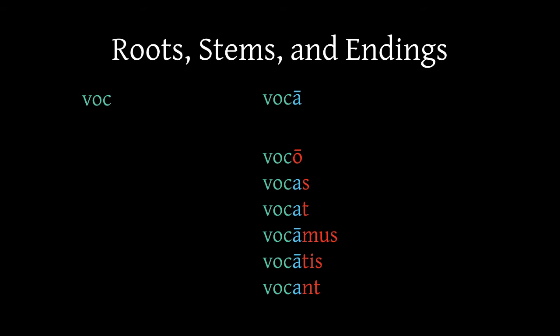So, as you can see, the root is in this greenish color. The stem is in the blue color, and then the ending is in the red color. So that's the distinction between a root, a stem, and an ending. Why does this even matter?